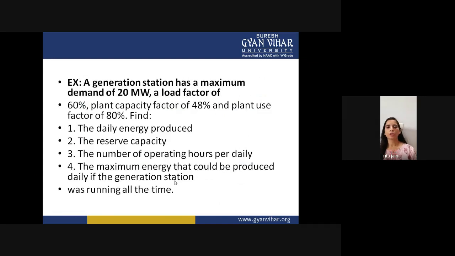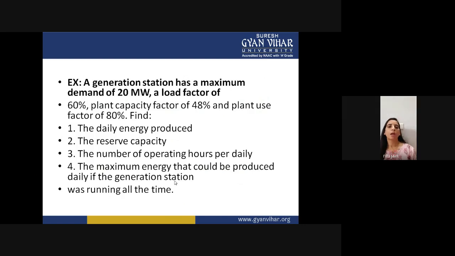Now we come to the next question. For example, a generation station has a maximum demand of 20 megawatt, a load factor of 60%, a plant capacity factor of 48%, and a plant use factor of 80%. In this question, the maximum demand, load factor, plant capacity factor, and plant use factor are all given.